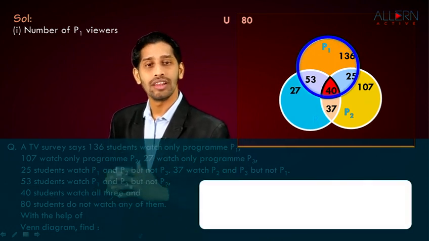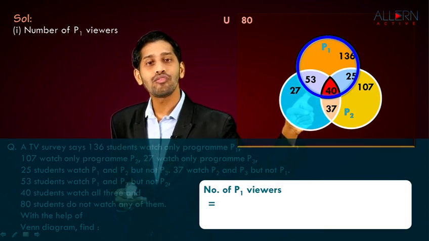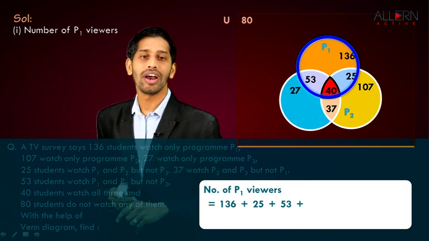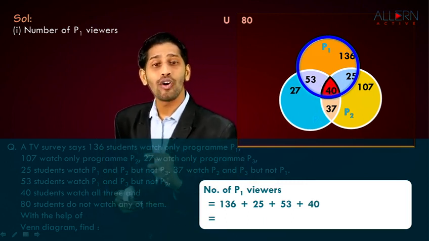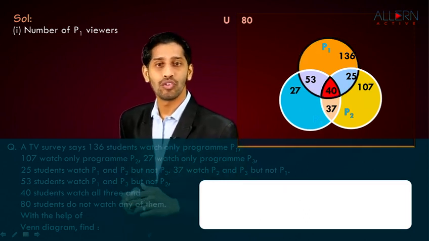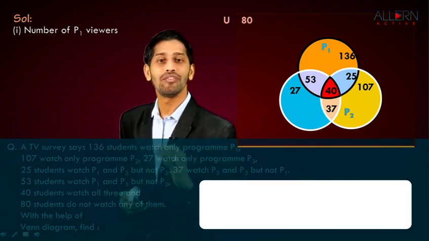So it is 136, 25, 40 and 53. We write 136 plus 25 plus 53 plus 40. When we add all these four numbers, we get 254. That means the number of P1 viewers is 254.